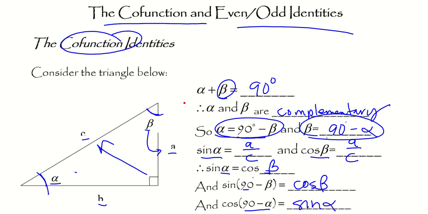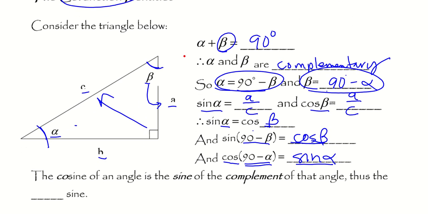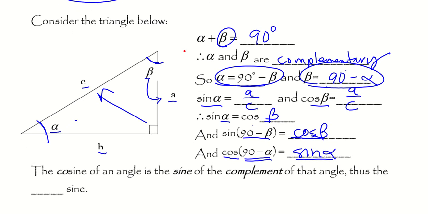So the sine of 90 minus beta is the cosine of beta. The cosine of 90 minus alpha is the sine of alpha. And what we see is that the cosine of an angle is the sine of the complement of that angle. And that's why we call it the cosine.